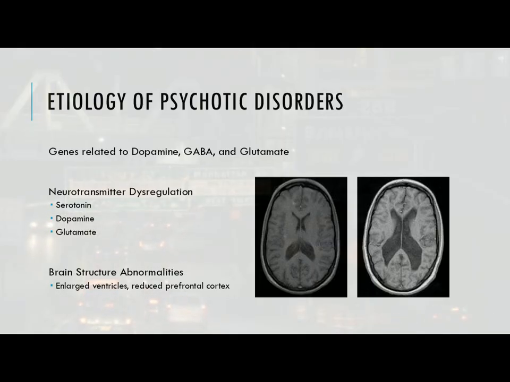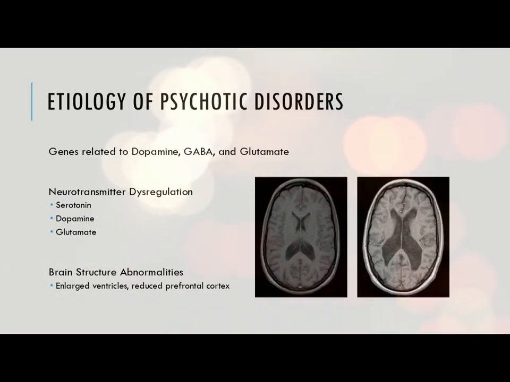So it's no surprise then that when we look at neurotransmitters, we see that dysregulation or imbalance of dopamine and glutamate and serotonin has been strongly linked to the onset of psychotic symptoms.